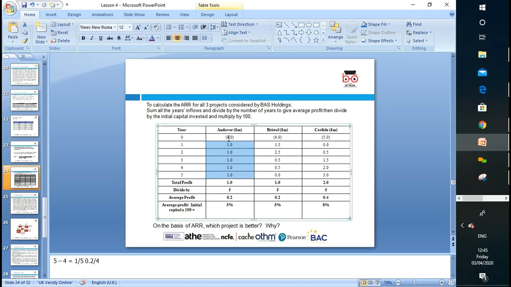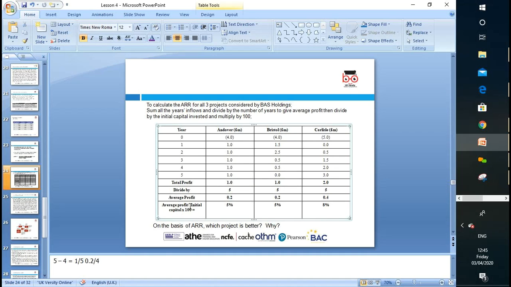So with 4 million you're getting 5, and 5 minus 4 is 1 million profit. But you're getting that 1 million over how many years? 5 years. So you divide it by 5, and the average profit is 0.2 million every year.